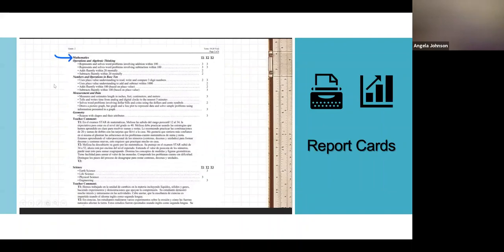So for math, it's the same. We have the standards in friendly language, and they are divided by categories. And then we have here the grades for every unit or lesson. The students have assessments. Here are the comments.